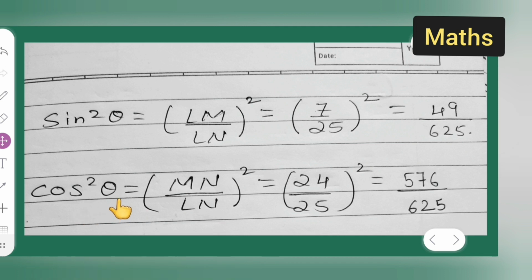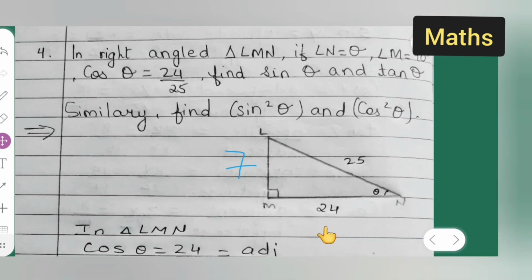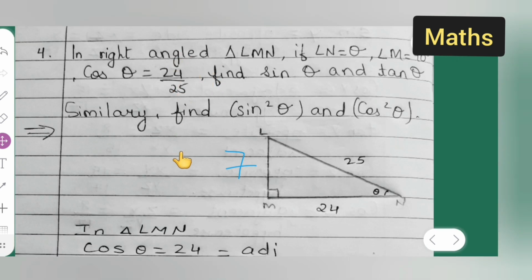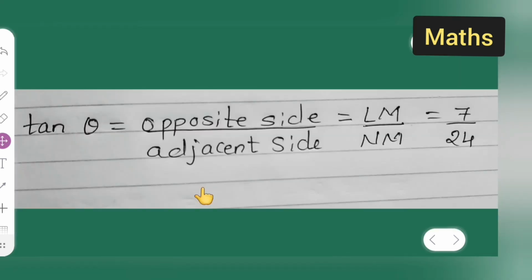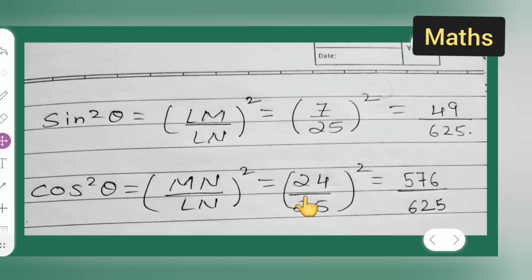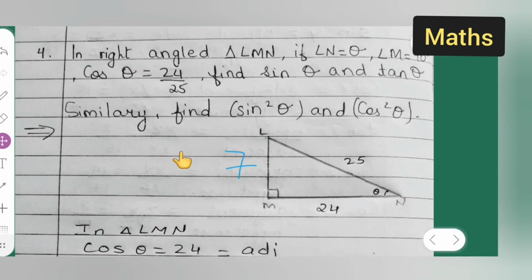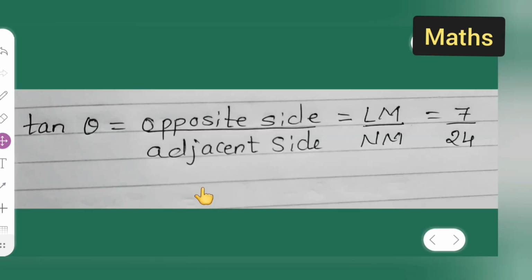Now we need to find cos square theta. In the starting we have seen that cos square theta is given to be 24 upon 25. For cos theta you can see adjacent upon hypotenuse, like MN upon LN, the whole square.